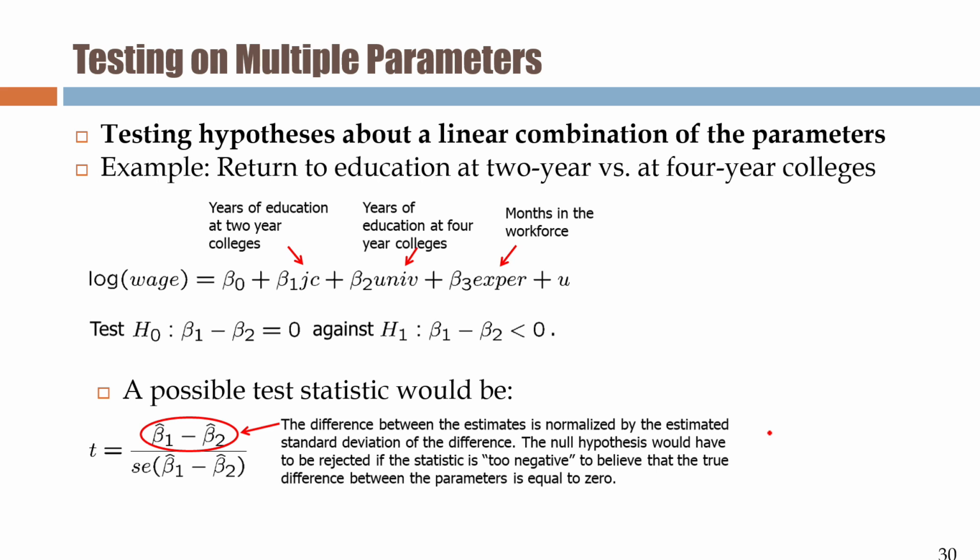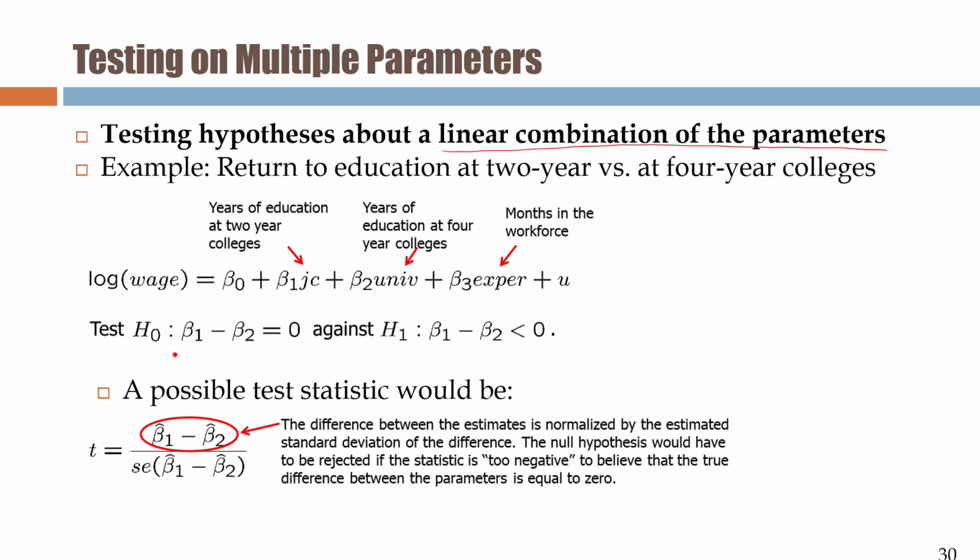So testing about the linear combination of parameters. So this is a little different. So if we actually do this, what we're going to test here is not beta j is 0 or beta 2 is 0.